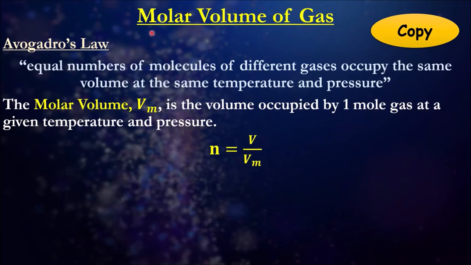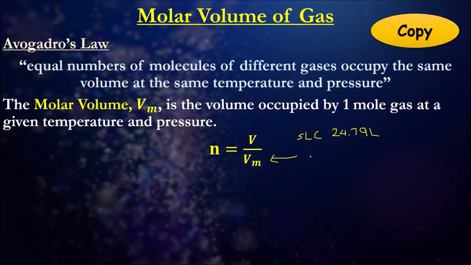So if we try and make an equation out of this, molar volume, Vm, is the number we were talking about. If it is standard lab conditions, it is 24.79 liters.